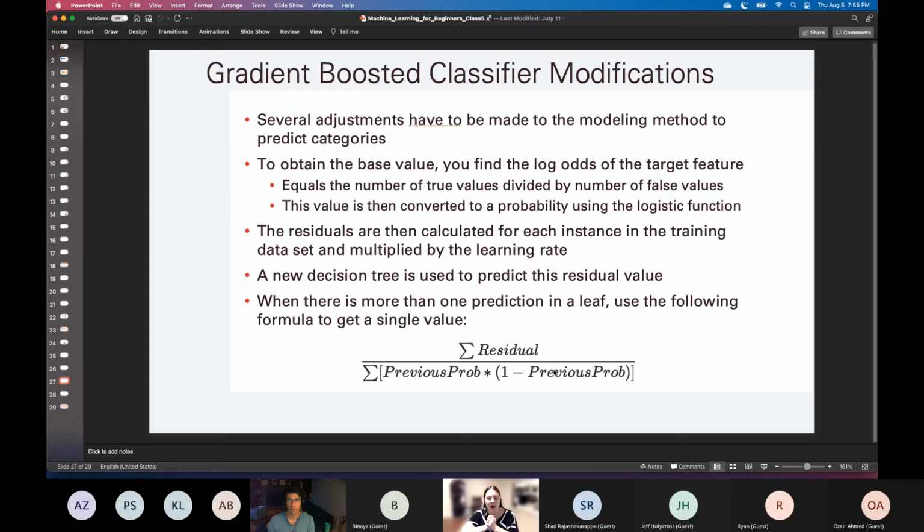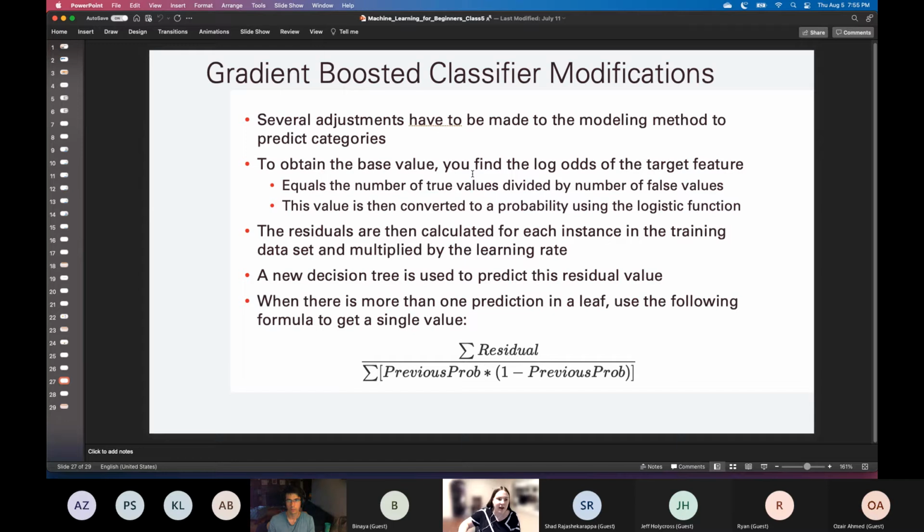So what this is talking about is how we have to adjust the model if it's a classifier. Several adjustments have to be made. It's very similar to what you would see in the linear versus logistic regression. So the adjustments that we have to make, first, to obtain the base value, you have to find the log odds of the target feature.